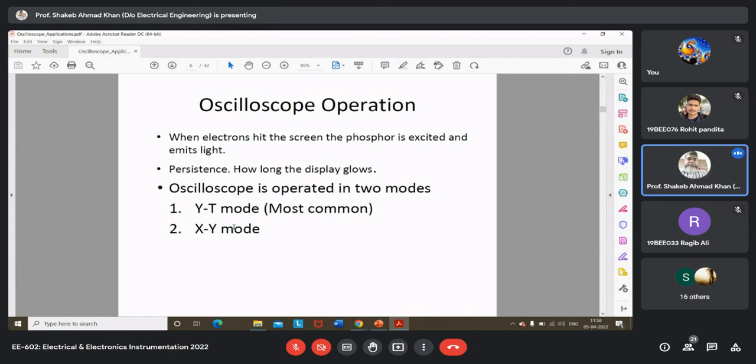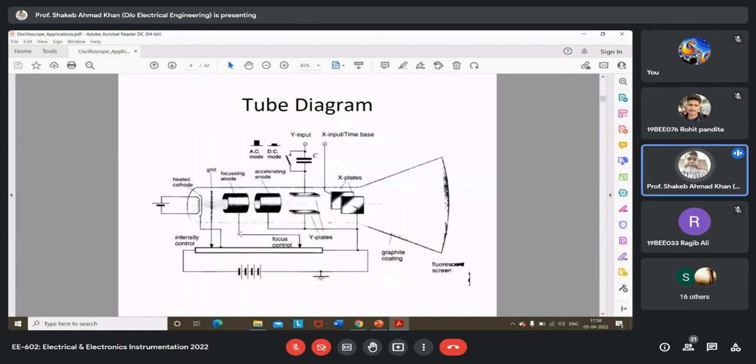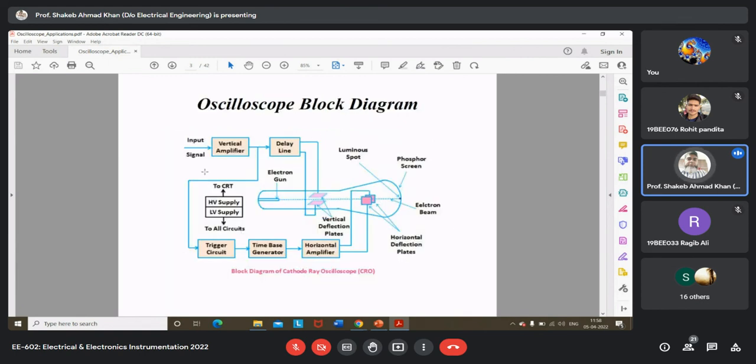The other way is XY mode, where we can have two time varying signals. In YT mode, this whole diagram applies: your signal is applied across the Y plates, and this other circuitry provides the time scale along the x-axis.